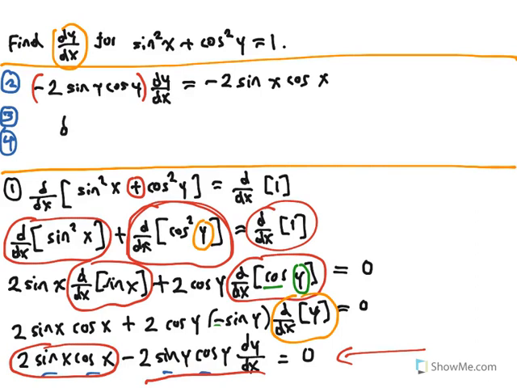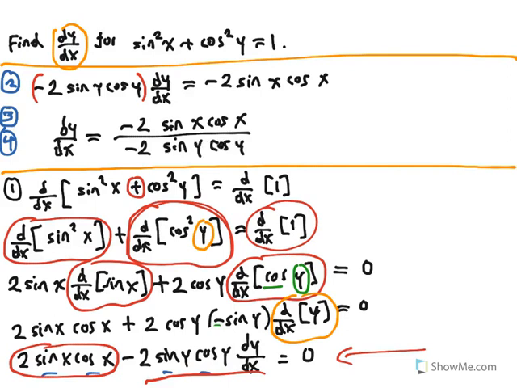So that would give us dy dx isolated on the left side of the equation will be equal to negative 2 sine x cosine x divided by negative 2 sine y cosine y.